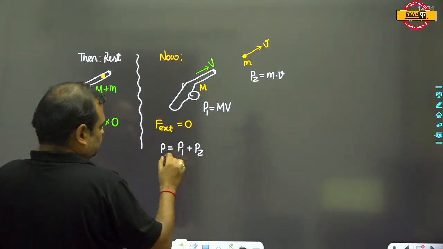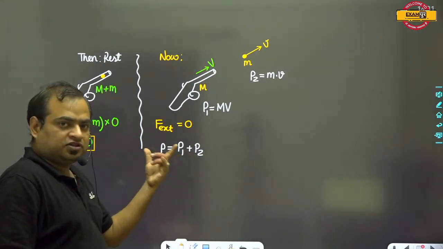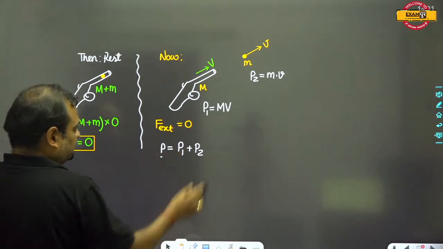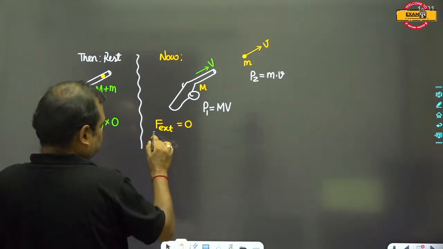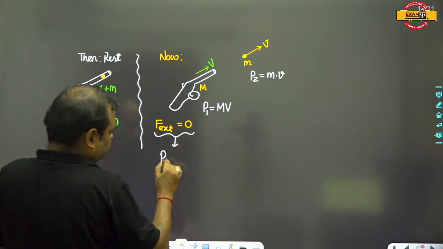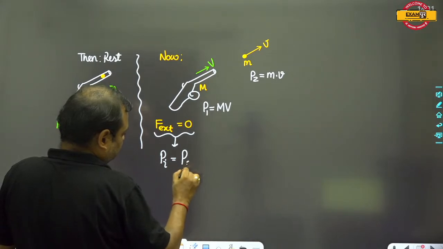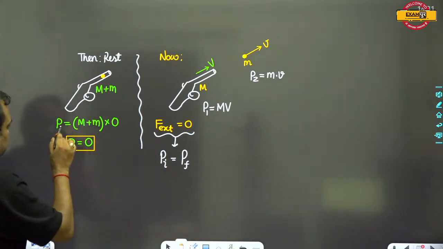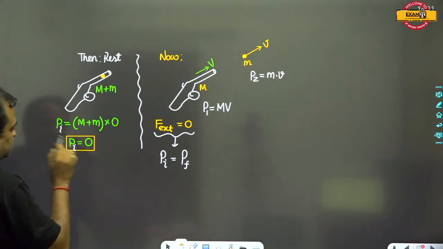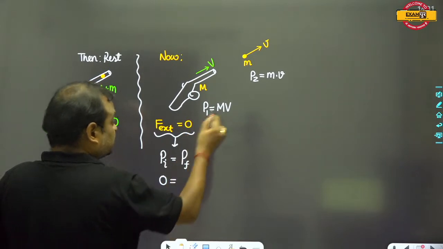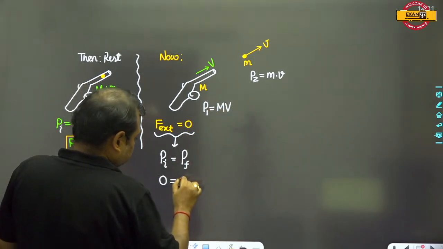This condition will hold true because we know that F external is equal to 0. When F external is equal to 0, it means P initial is equal to P final. P initial is equal to 0. P final will be equal to p1 plus p2.